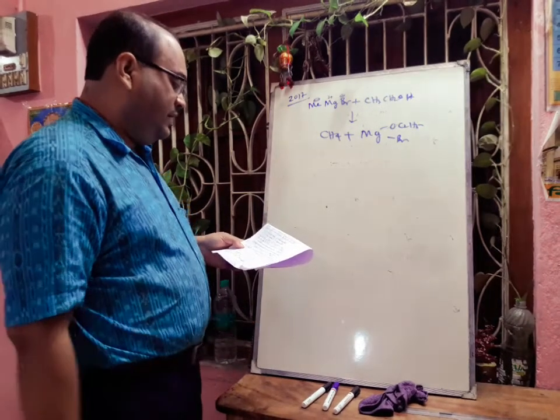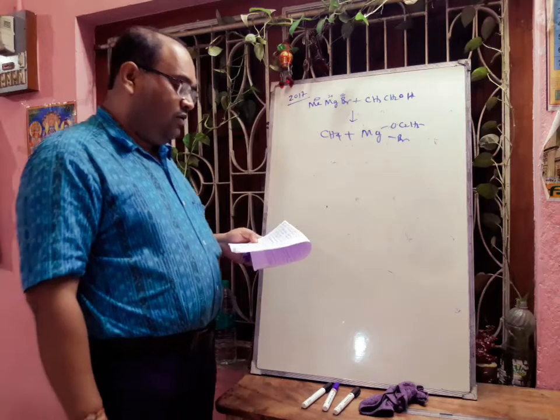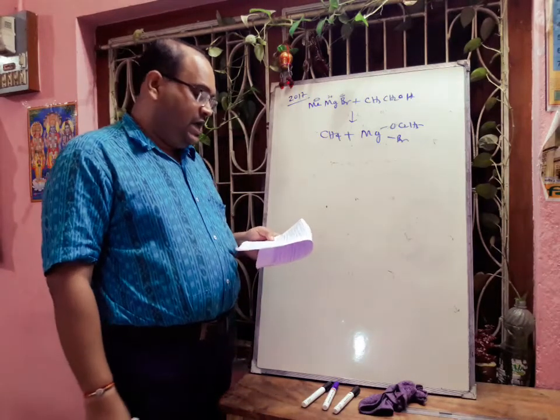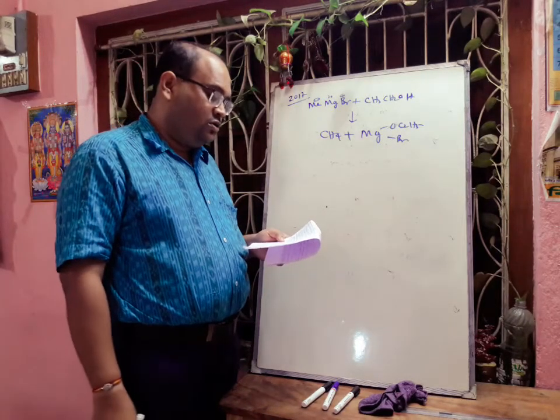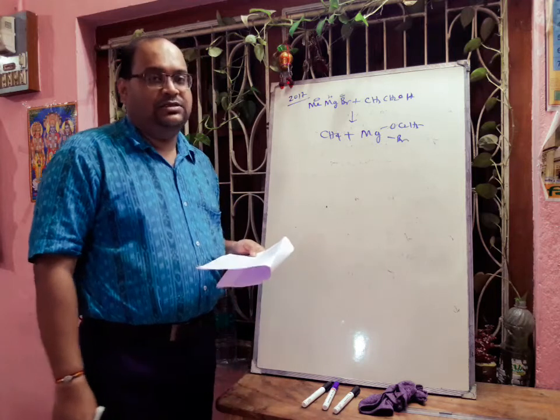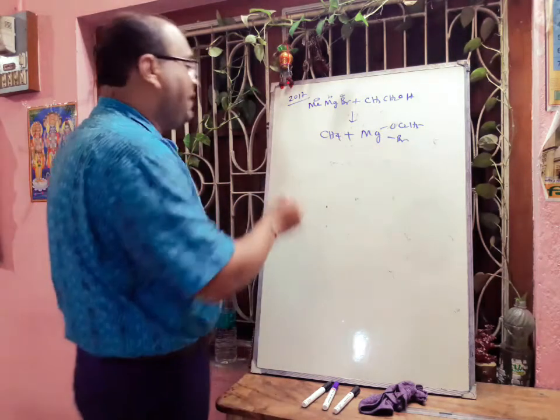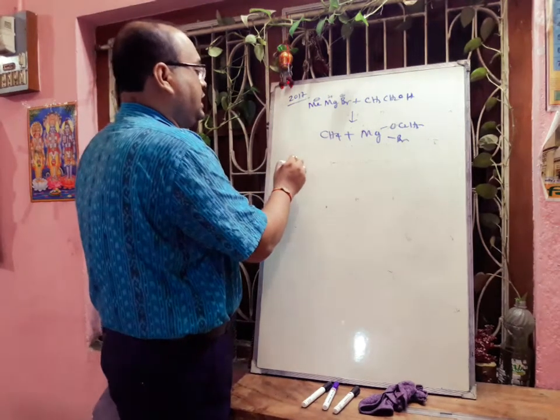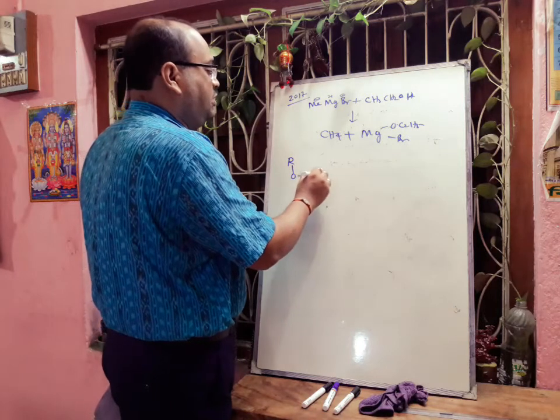Next question is given: why do alcohols possess higher boiling points as compared to those of corresponding alkanes? We have already discussed that in case of alcohol there is intermolecular hydrogen bonding.